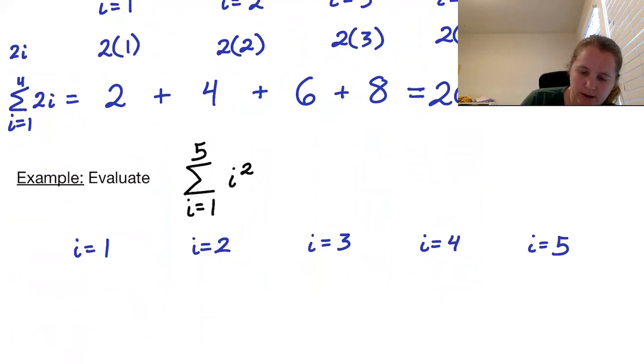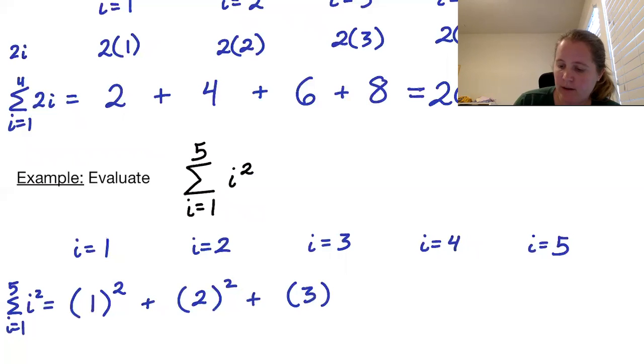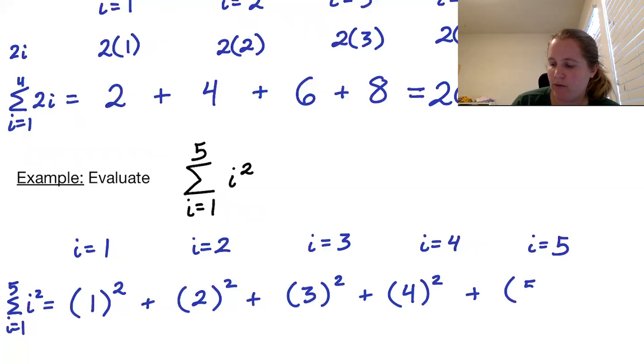So I'm just going to write the sum from i equals 1 to 5 of i squared. We're going to do i, so 1 squared. Then we'll do 2 squared, followed by 3 squared, followed by 4 squared, followed by 5 squared.